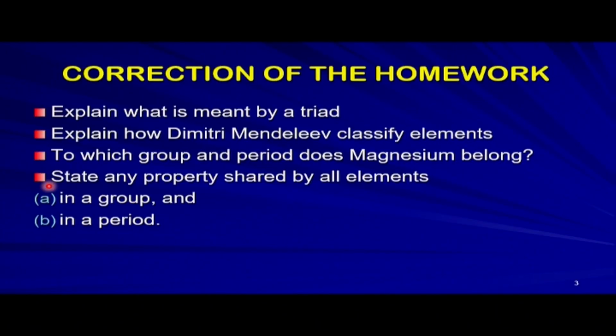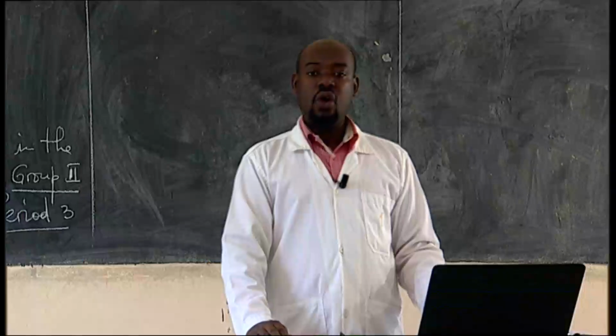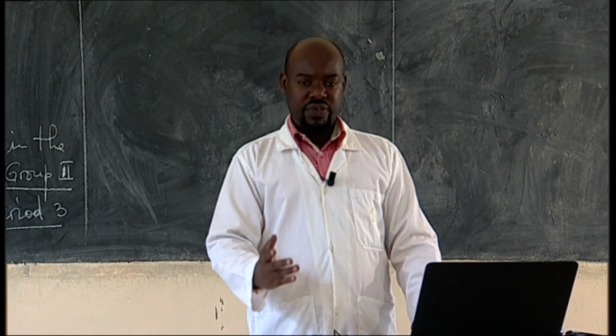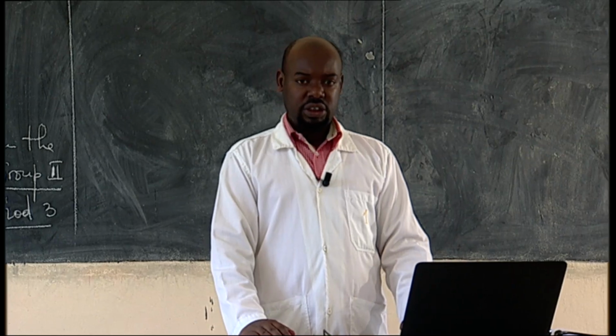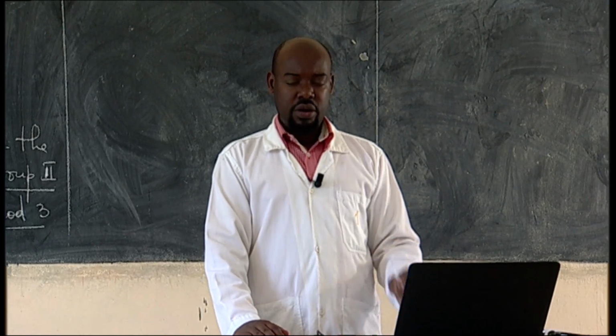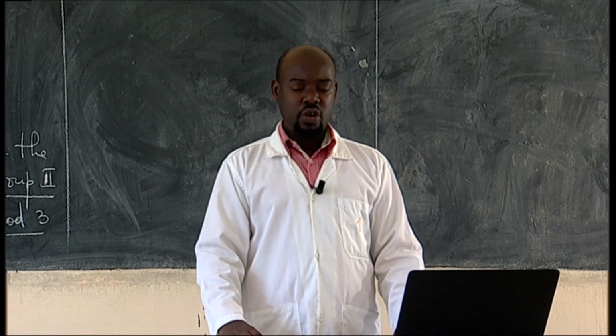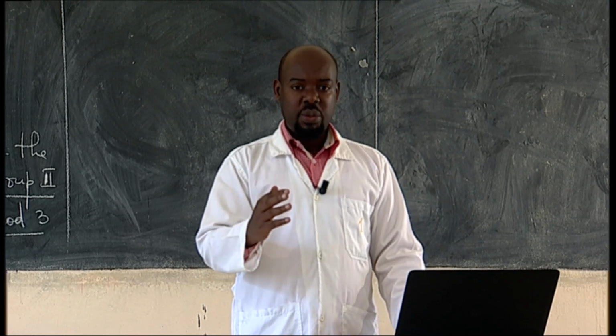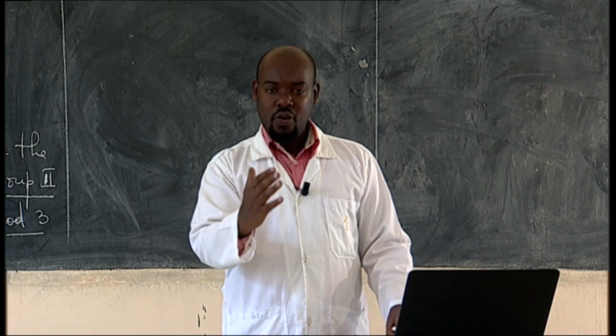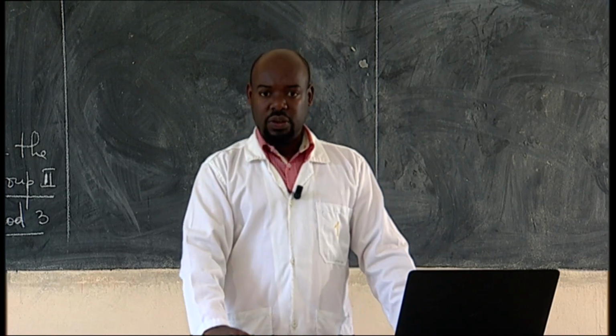And the last question here: state any property shared by all elements in a group. What is shared by all the elements in a group? We have seen that in the last lesson we had on this unit. And we said that all elements in a given group have, for example, the same number of valence electrons.